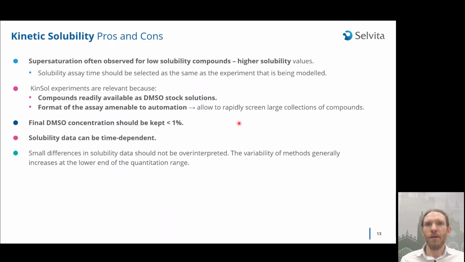Importantly, small differences in solubility data should not be overinterpreted, and this is because of this time dependency. The variability of the data generally increases at the lower end of the quantification range.